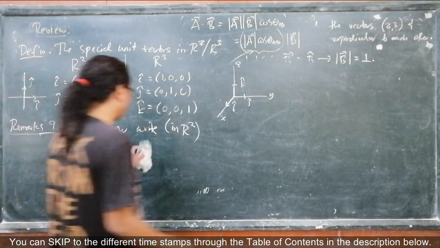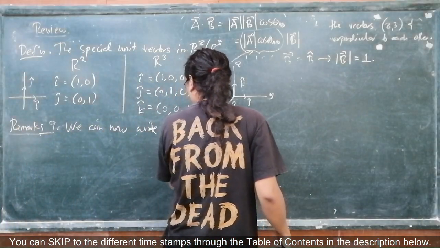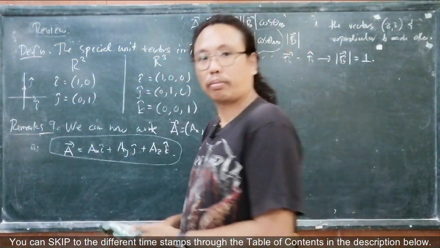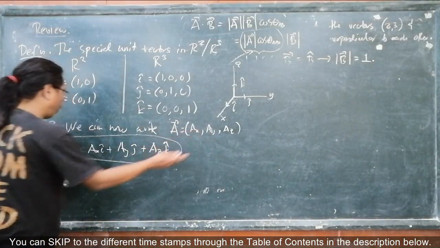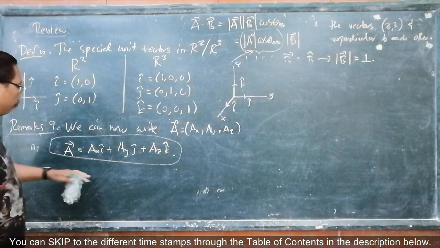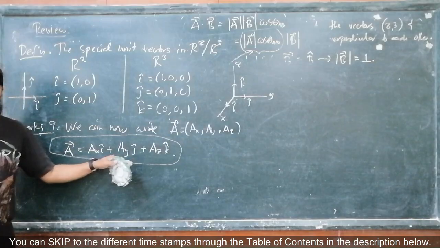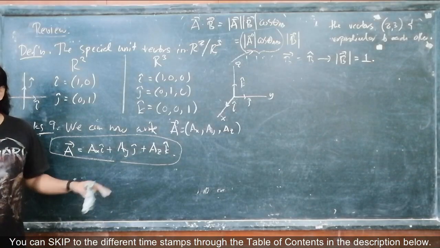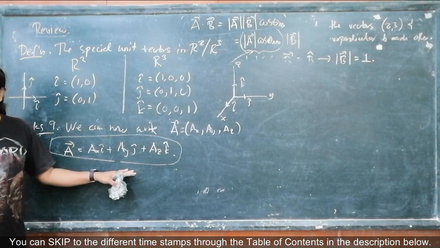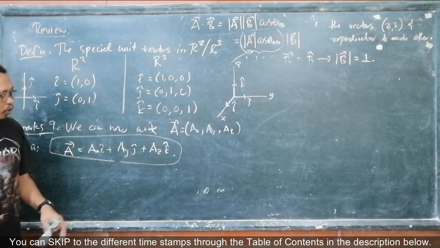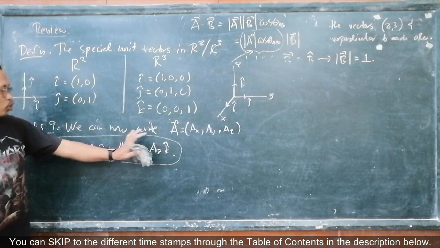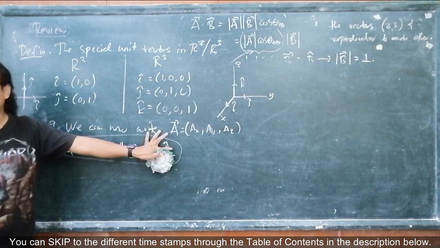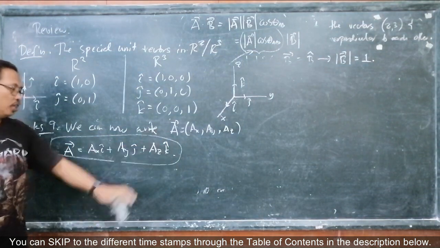In general, we can just omit the dimension. So we can now write this vector as this. This is the standard in university physics books. You will see that a vector is written like this, or in two dimensions, AX I plus AY J.